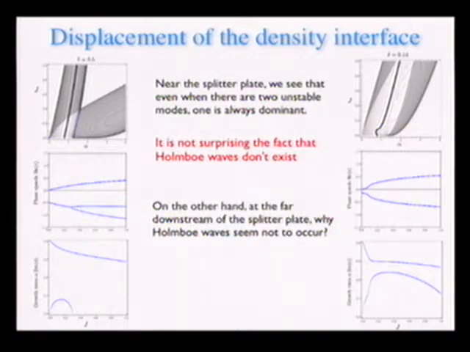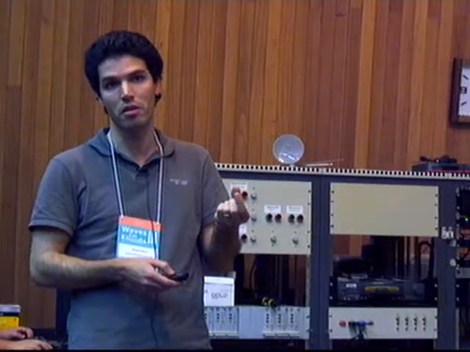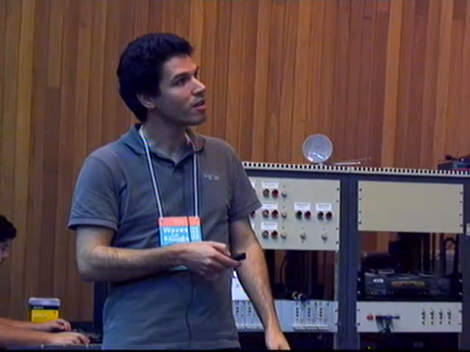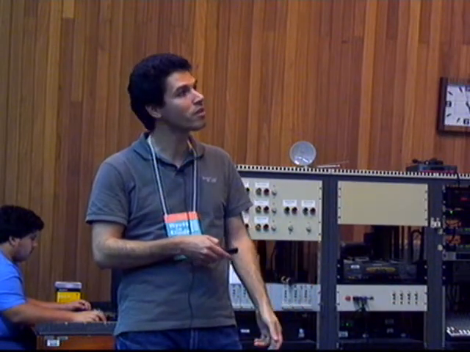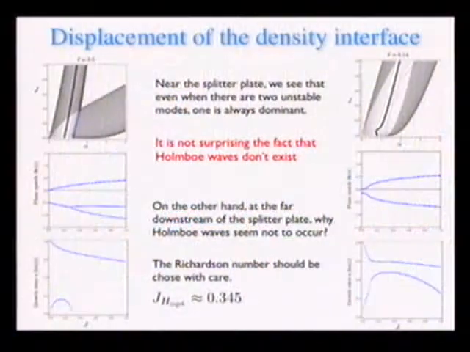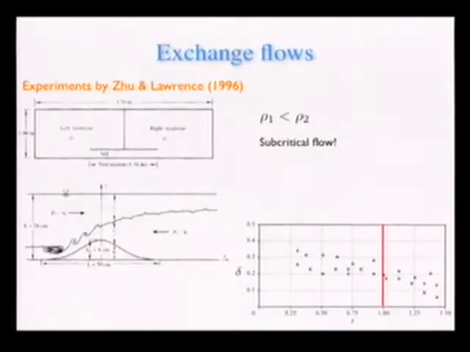In order to manifest simultaneously, they should have comparable strengths. So maybe it will be possible to see these counter-propagating waves if they could tune this optimal Richardson number. But we don't know about that.